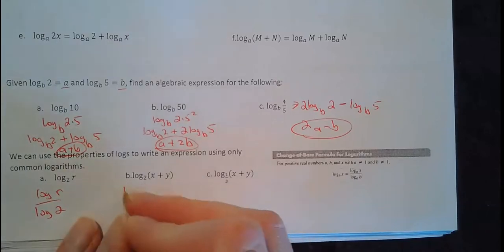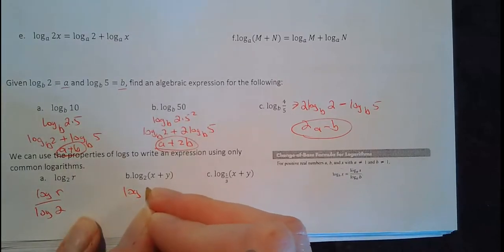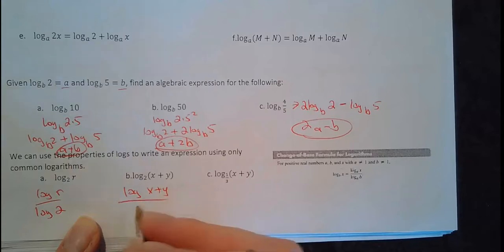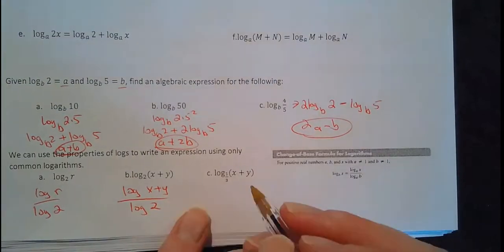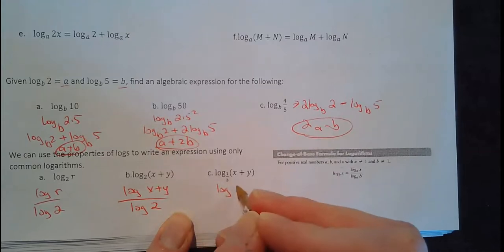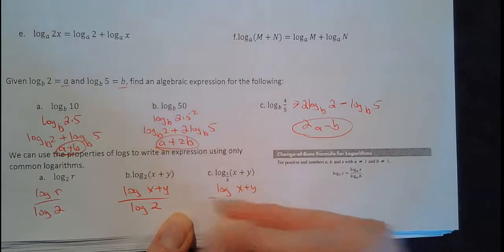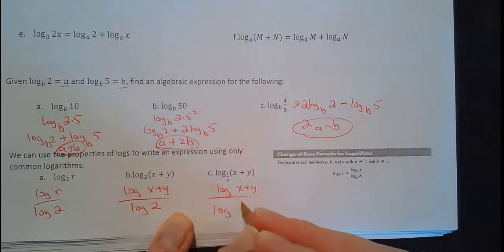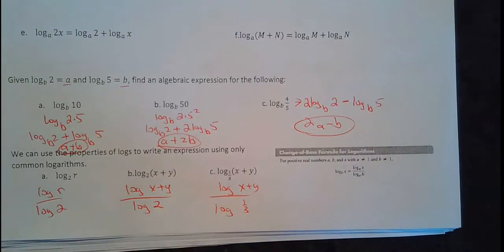This guy here, common log of x plus y over the common log of 2. And then this guy over here, this will be the common log of x plus y over the common log of 1/3. Now with this guy here, I could separate this even more.